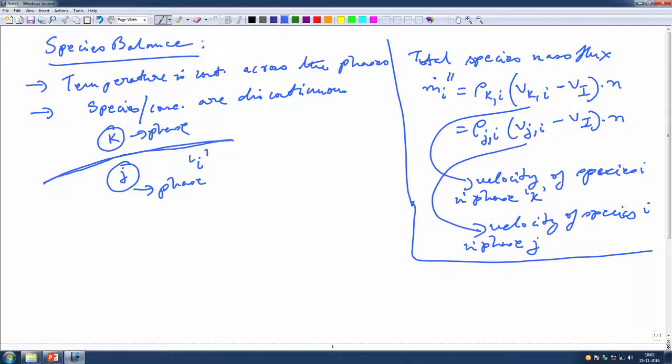Now, these velocities are further defined like this: rho k I V k I equals j k I plus the bulk term, which you already know from your previous lectures.